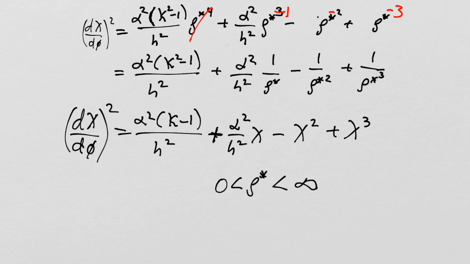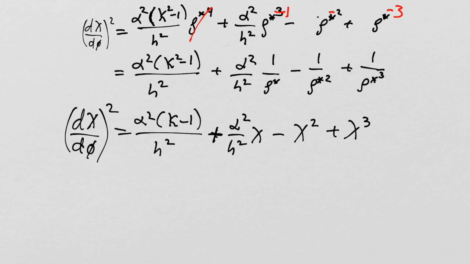It's just banging up against infinity as rho star is at 0, and chi is banging up against 0 as rho star is at infinity. So when chi is equal to something like 0, you are at an infinite distance from the center. When chi is infinite, you're very, very close to the center, as chi gets unboundedly large.